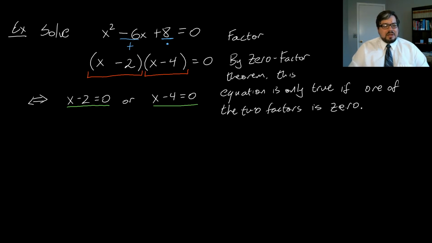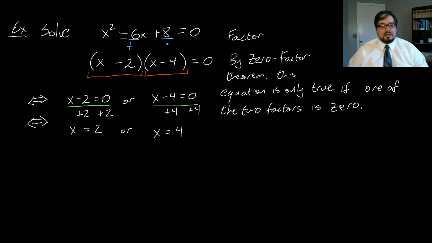Now this we can work out. We can work out each one of these equations, these green equations, individually. And so we can add 2 to both sides of the left and get x is equal to 2, and add 4 to the right and get x is equal to 4.